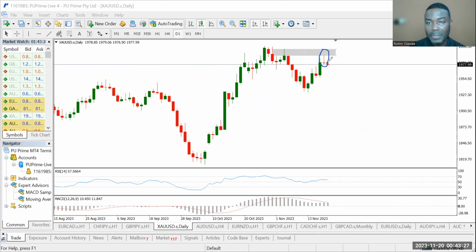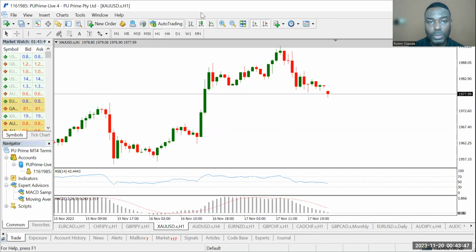So technically, we're looking for a bearish movement on gold this week. Now, it may just be a short-term movement, but we're expecting a bearish movement because we have price close forming a doji at the tip of that resistance zone. So technically, we're looking for a bearish movement on gold.